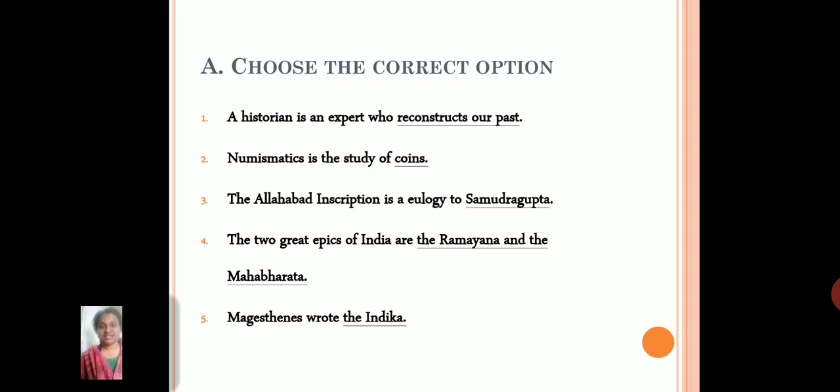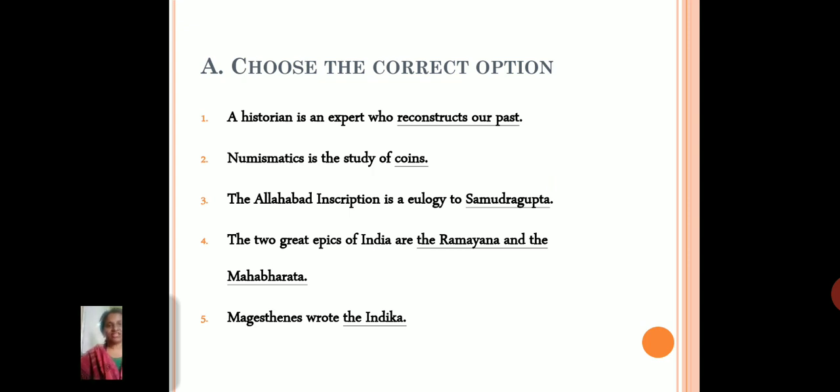Now the first choose the correct option is, the first statement: a historian is an expert who blank. Correct? What is the first choose the correct option? A historian is an expert who blank, and they have given you options which you can tick.